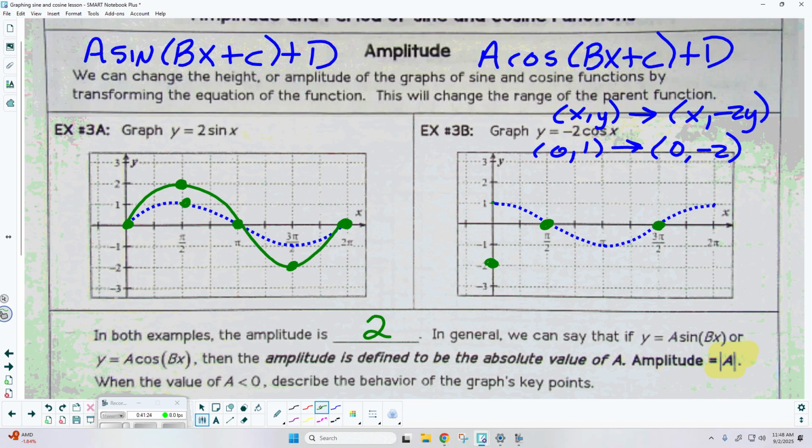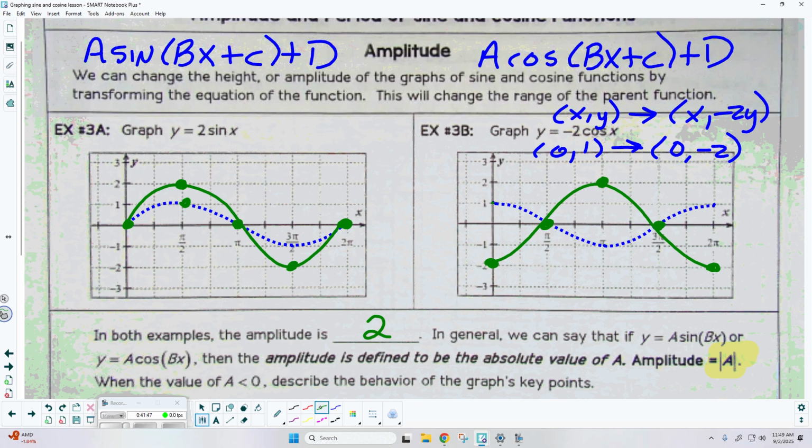What about this point at pi, negative 1? That becomes pi, 2. And for 2 pi comma 1, that would be 2 pi comma negative 2. So see, there's your still curvy V shape, but it's been stretched by 2, and it's been flipped.